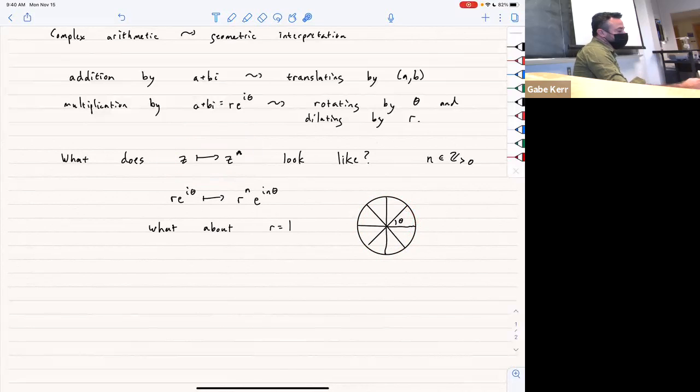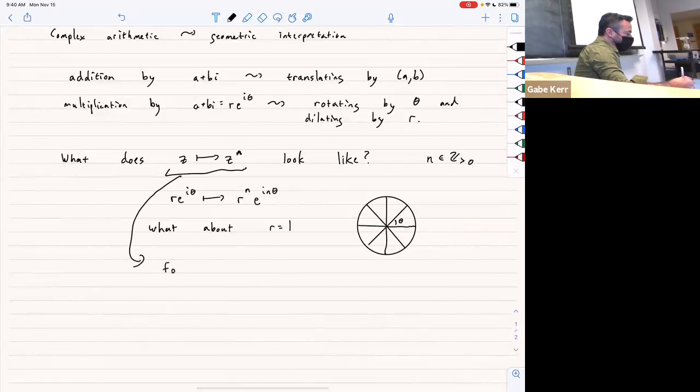But away from the unit circle, let's say r is big, it looks sort of the same. It's just that now your radius is also going really far out, blowing up your radius, and then you're wrapping around. So the way you want to imagine this is, for r greater than or equal to 1, dilate. It's true for r less than 1 too, but that's going to shrink down.